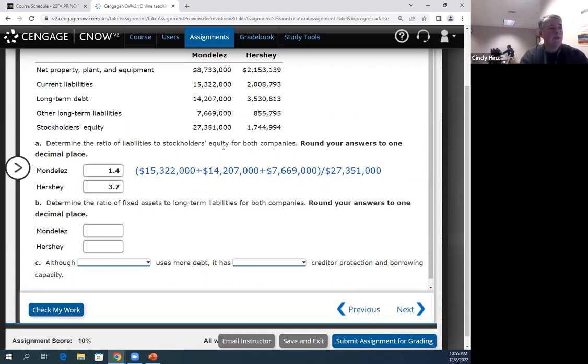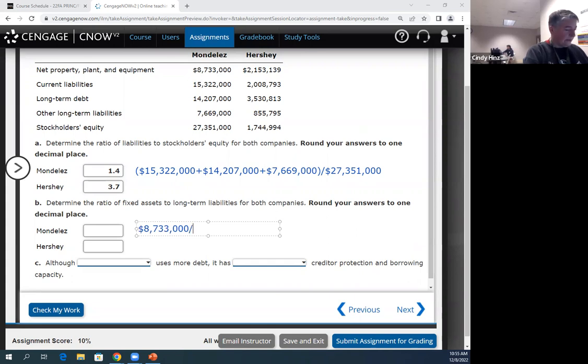So we'll start with Mondelez. Back up here. And so 2 of these 3 categories are long-term liabilities. See, their fixed assets are $8,733,000.